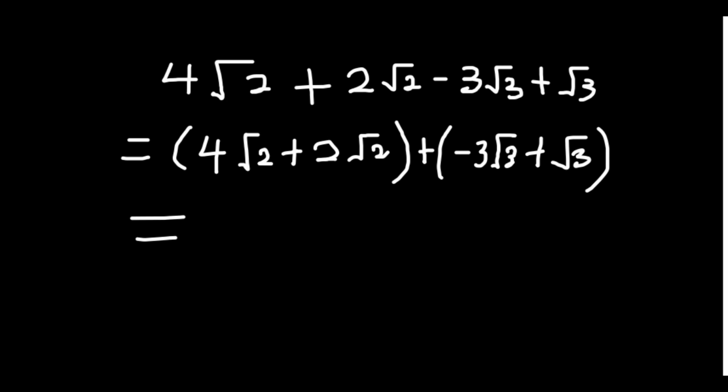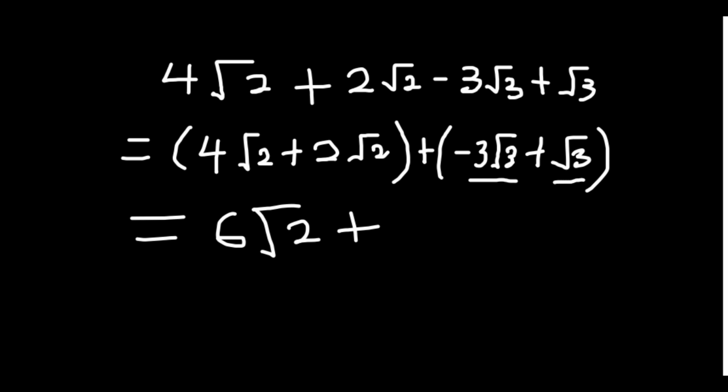So by adding these two separate similar coefficients, we then have, adding the coefficients, 4 plus 2, we have 6. Then we have the same like terms for the two expressions, so we repeat the square root 2 for this first bracket. Then we have plus. For the second one we also have minus 3 square root 3 plus square root 3.